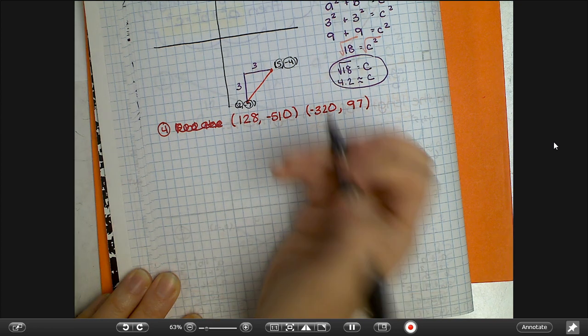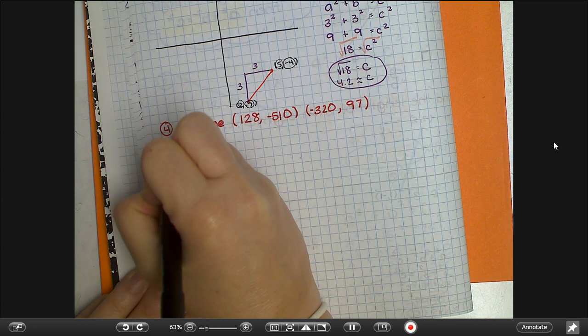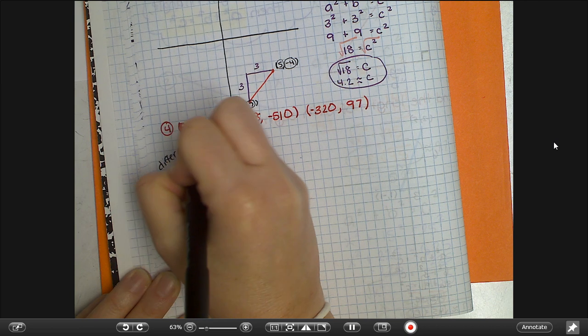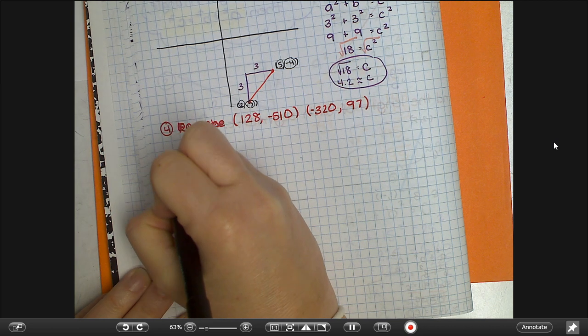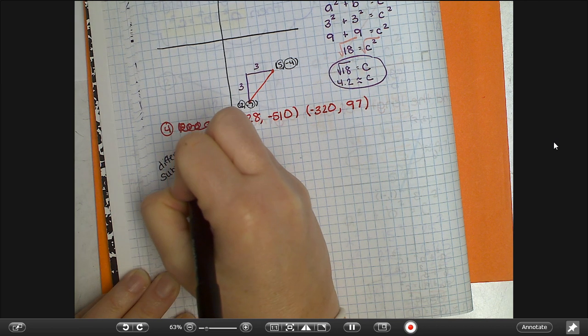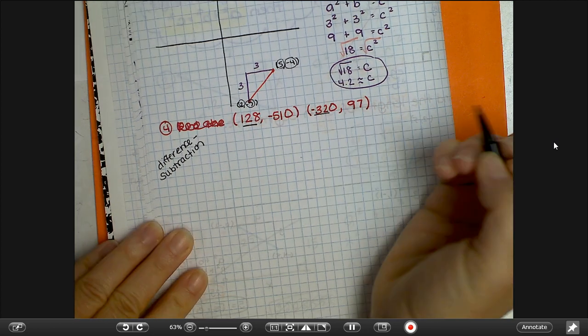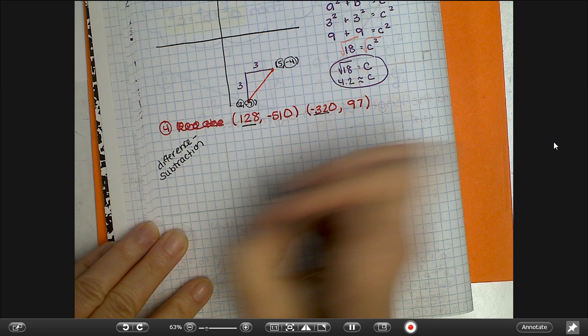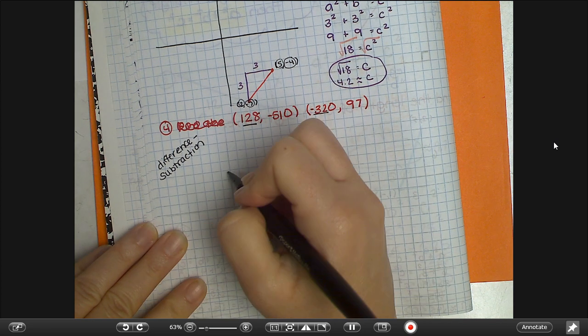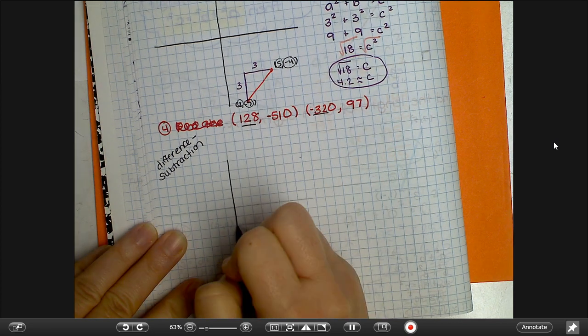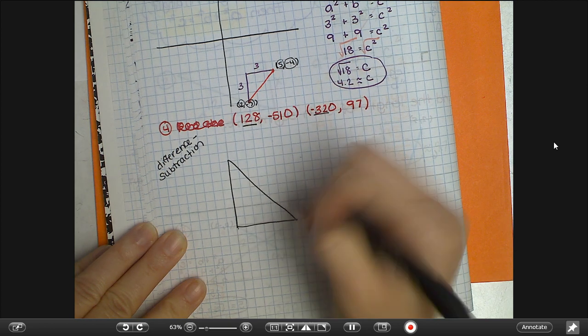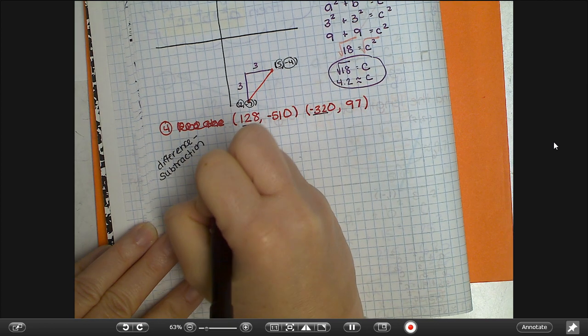And so difference, that word, indicates subtraction. So if we look at the x coordinates, we can figure out how far apart they are by subtracting them. So I'm just going to draw a random triangle and put these coordinates on them.